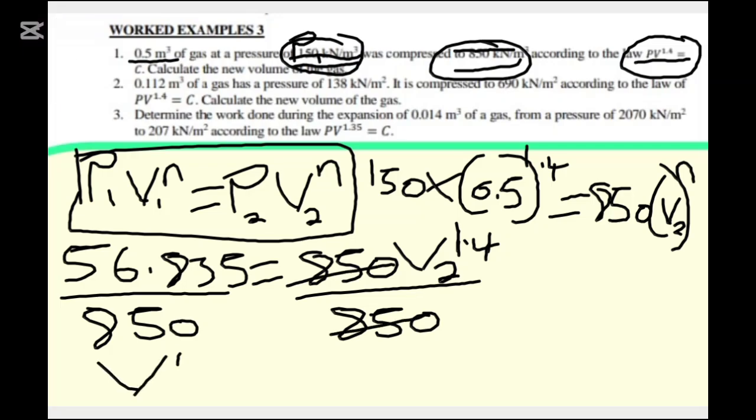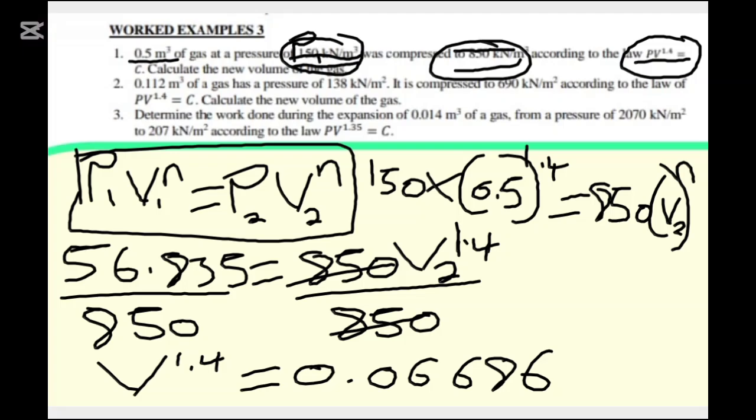At the end, V to the power of 1.4 is the same thing as 56.835 divided by 850. It will now be equal to 0.06686.